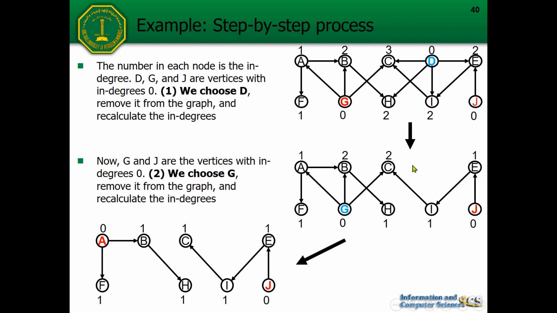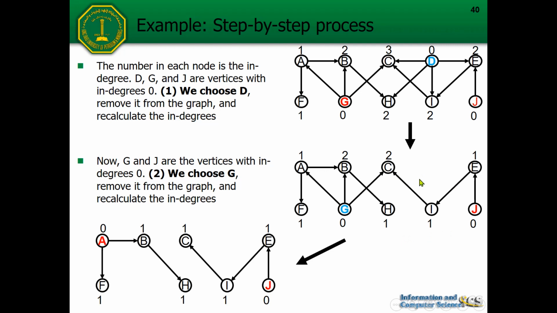Then after we choose D as the first vertex, we need to remove D from the graph and also the emanating edges from D, which are these edges. So we will have this result.